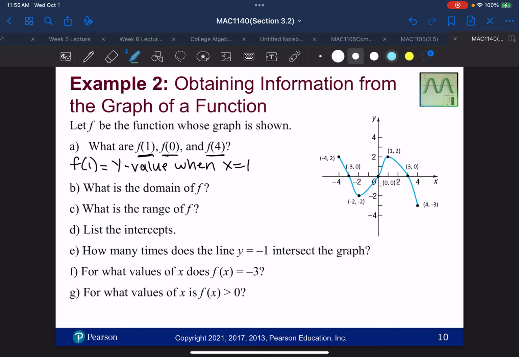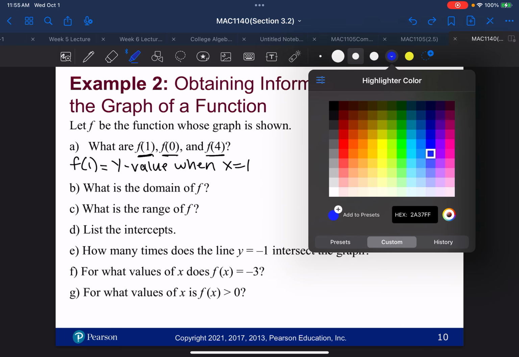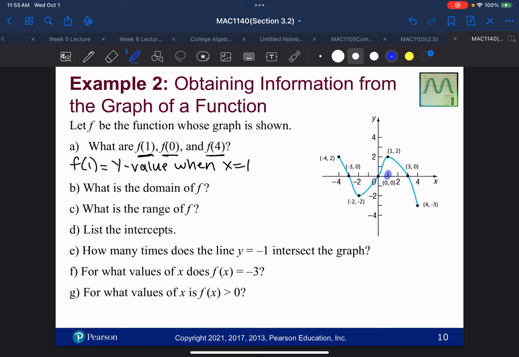So we look on our graph and find x equal to 1, and see where our graph intersects at x equals 1. Here is x equals 1 on the x-axis, and if I drew a line up, it's connecting at that point there, 1, 2. So the y value there is equal to 2. So f of 1 is equal to 2.